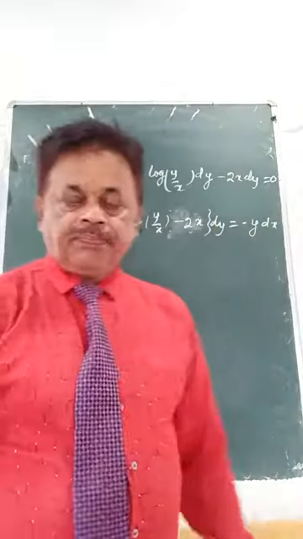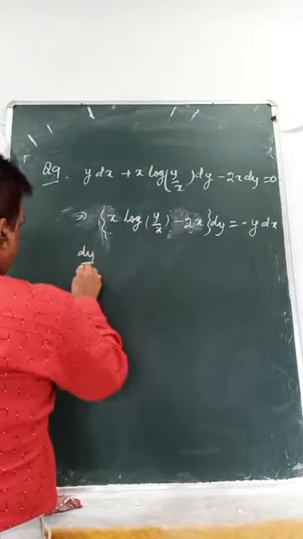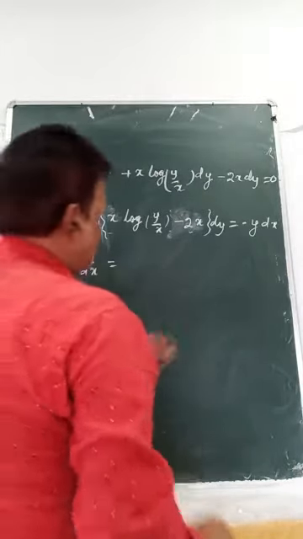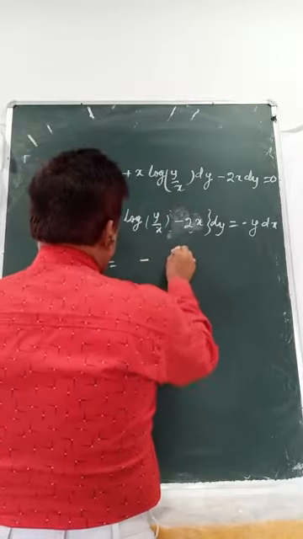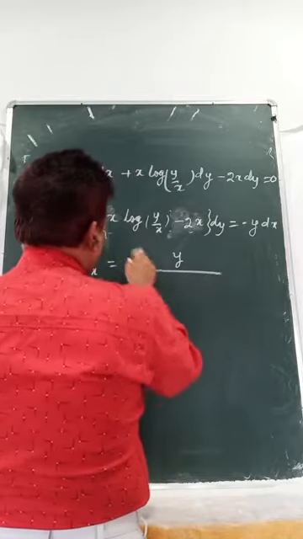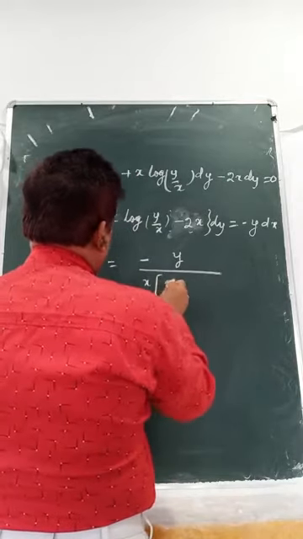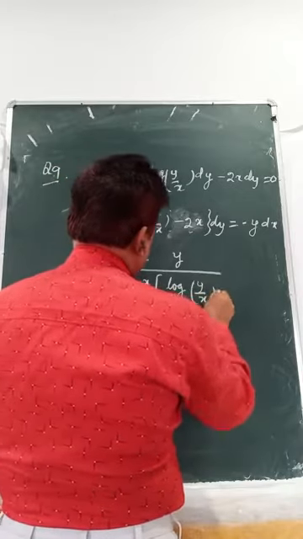Okay, so what is dy by dx? Dy by dx will be, this will go that side, minus y by, I think you can take x common here, log (y by x) minus 2.